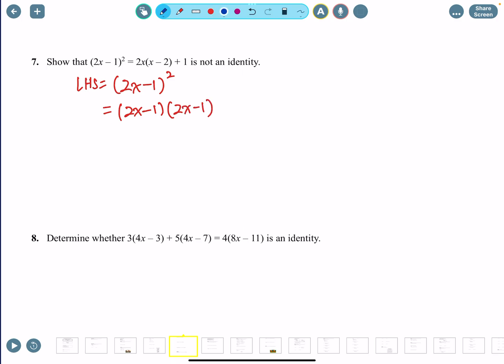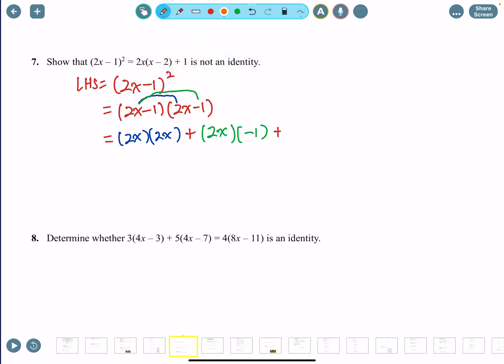And this is going to be tough for you because you have to do the rainbow method. The first rainbow goes from the first term on the left bracket to the first term of the right bracket. So it's 2x times 2x. Then separated with a plus, we go for the next color, the next rainbow. 2x goes to negative 1, so just copy 2x times negative 1, and then separate with a plus.